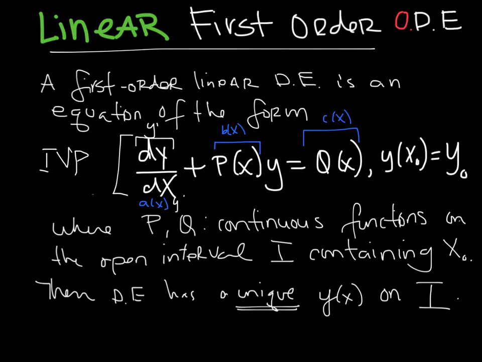So notice I have the same thing here. The only difference is my a of x here is actually 1, which is nice. You can think of it as a leading coefficient, but our a of x is 1. So the book is just calling it p and q.